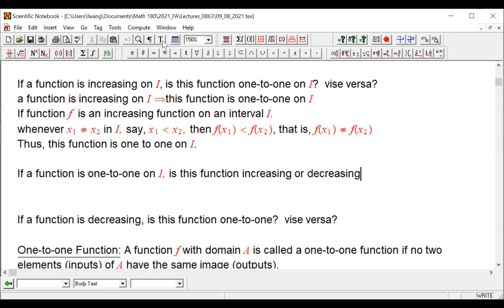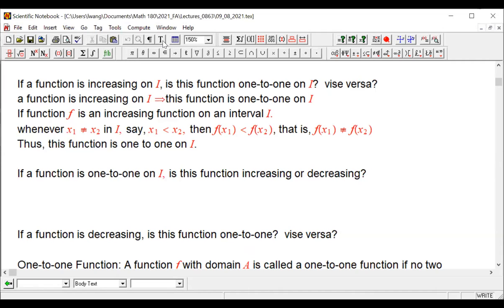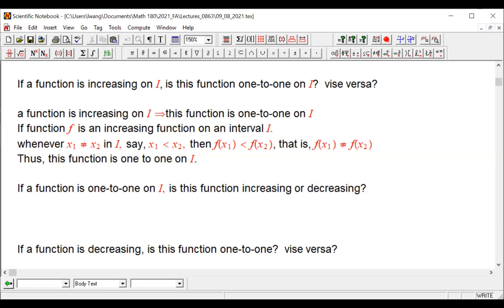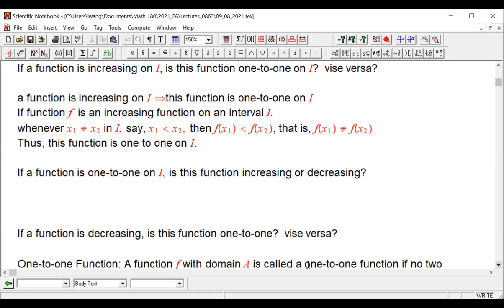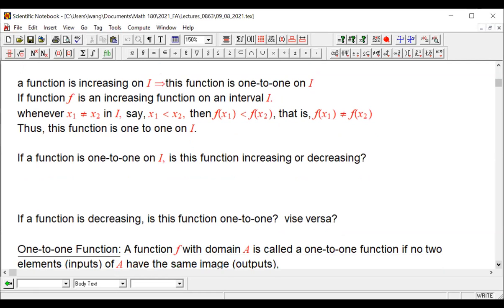You see, it's reversed. This side is the condition, and that is the conclusion.